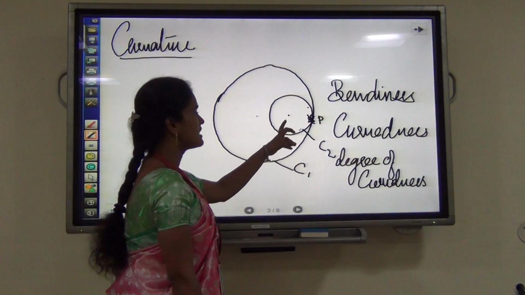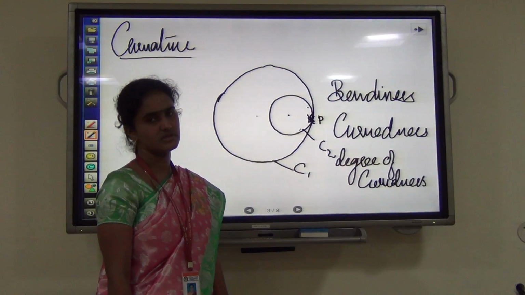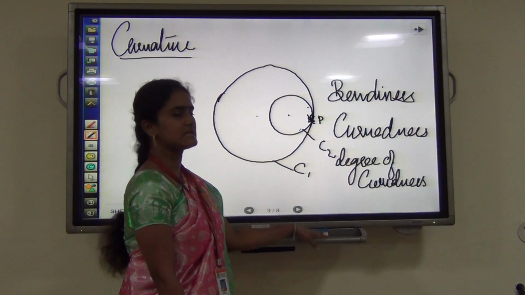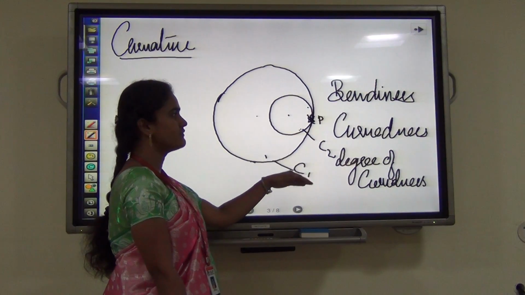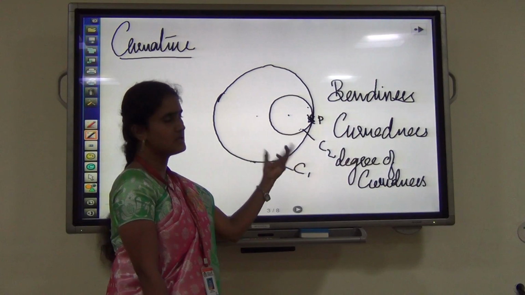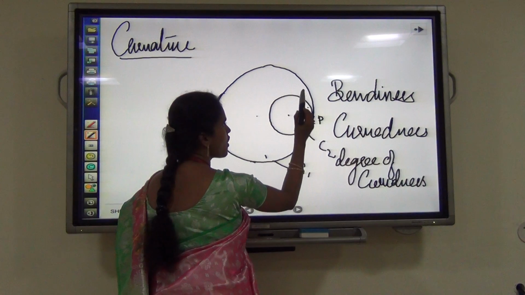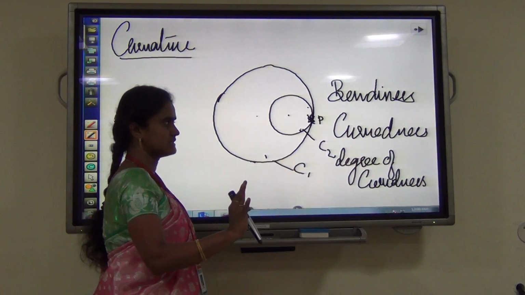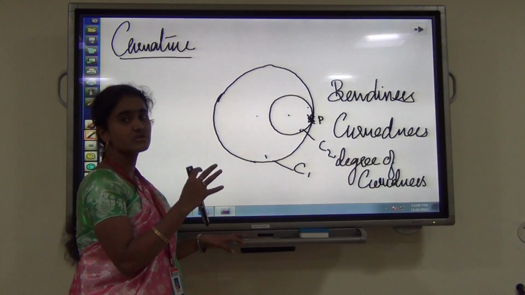If the degree of curvedness is known, then the measure of the rate of change of the bendness is nothing but the curvature. So this example tells you how the curvature would be for a smaller circle and for a larger circle. You can also say the curvedness or bendness is more in the smaller circle than in the larger circle. So we have been talking about what curvature is all about.